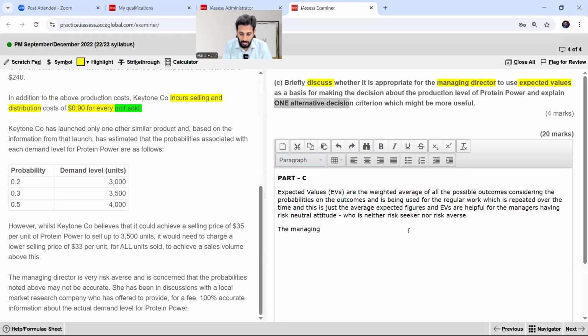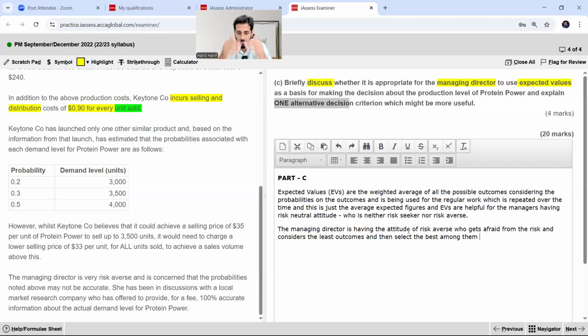So the managing director has the attitude of a risk averse person, who gets afraid of the risk, considers the least outcomes and then selects the best among them.